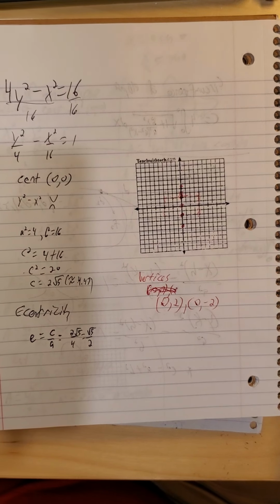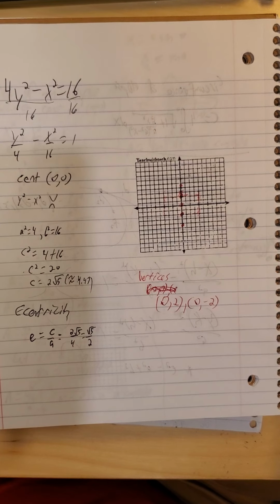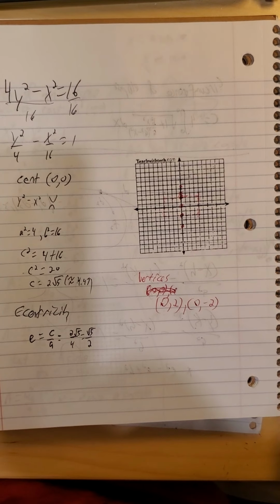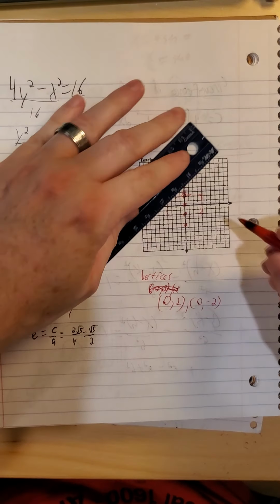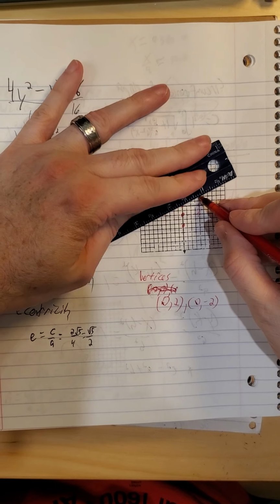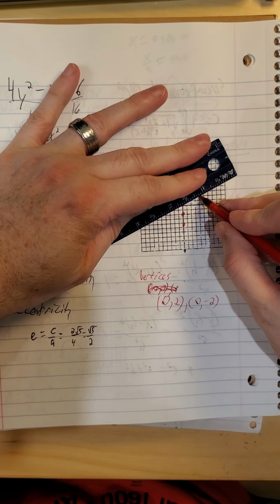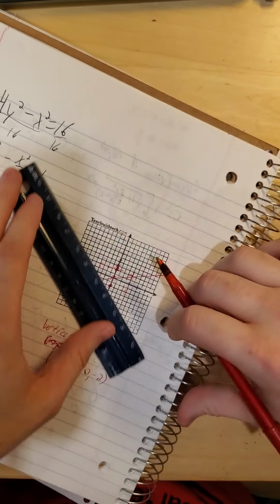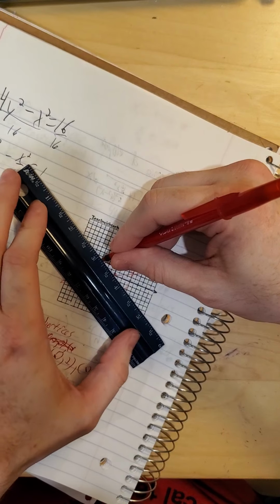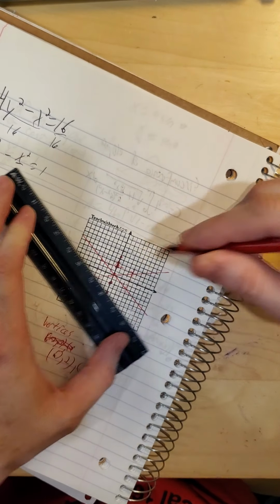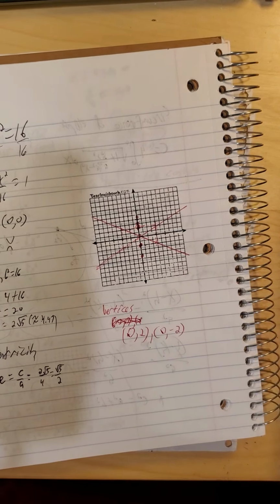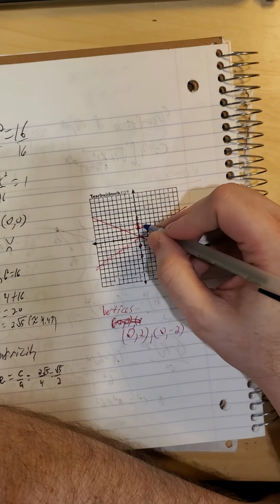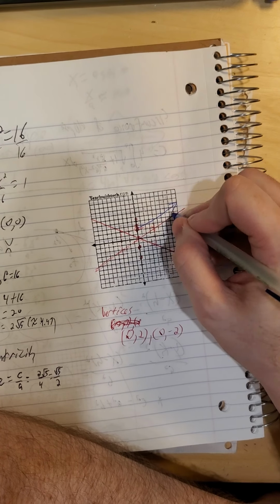The idea is that if you want to sketch this graph, with a ruler you'll draw asymptotes that connect the corners of the rectangle that you just drew. Our curve is going to start at the vertex and approach the asymptotes.